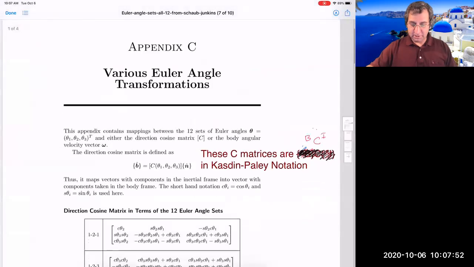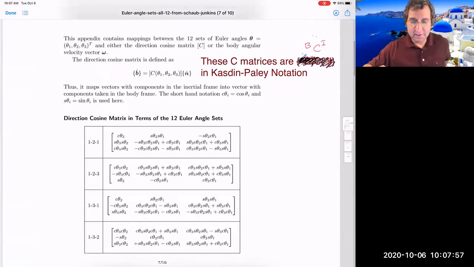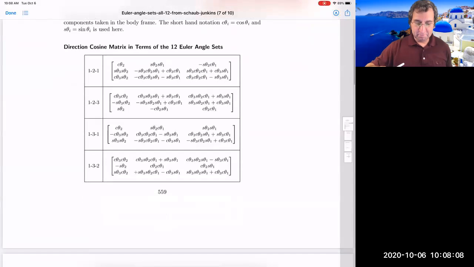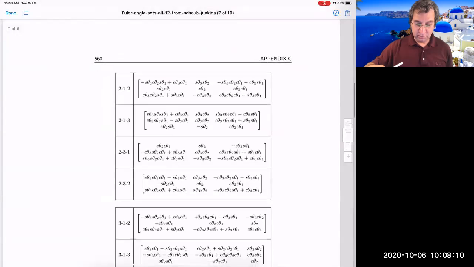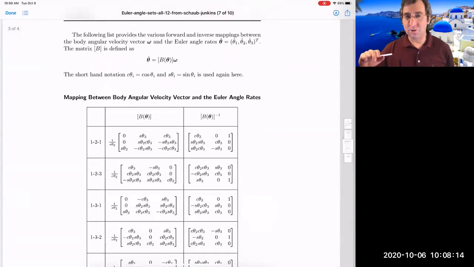Yeah, these are the various Euler angle transformations. So this writes things in terms of theta 1, theta 2, theta 3, this theta vector that I was talking about. And so these are the conventions for the C matrix. That's the rotation matrix.